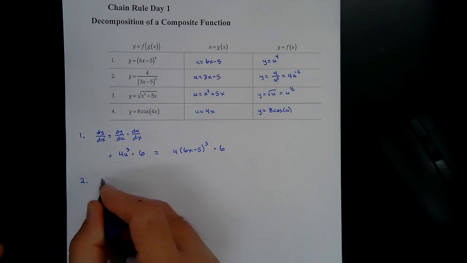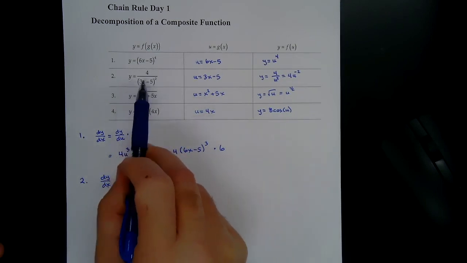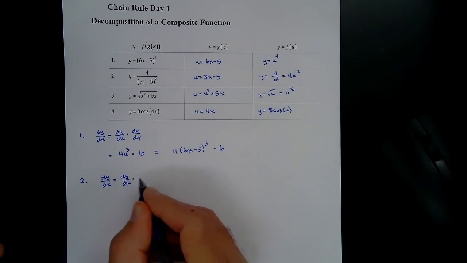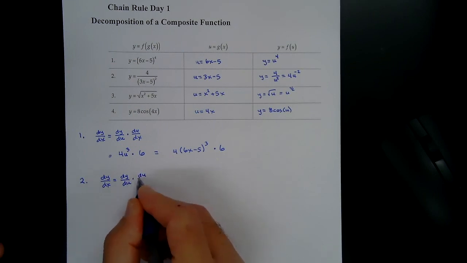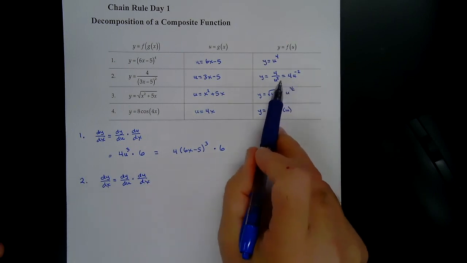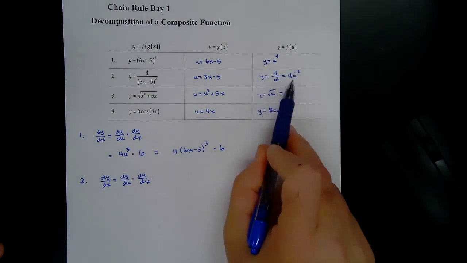So the next one, we have dy over dx. We want to find the derivative of this function right here, the derivative of y with respect to x. And the way we're going to do that is we're going to take dy over du times the derivative of u with respect to x. So dy, the derivative of y with respect to u, we know how to do that.